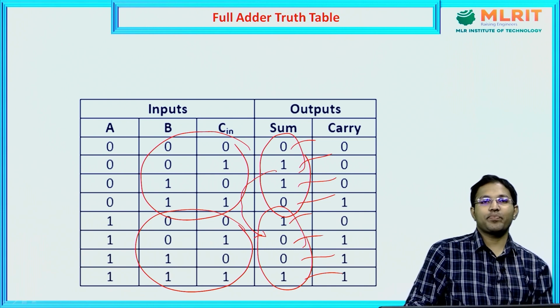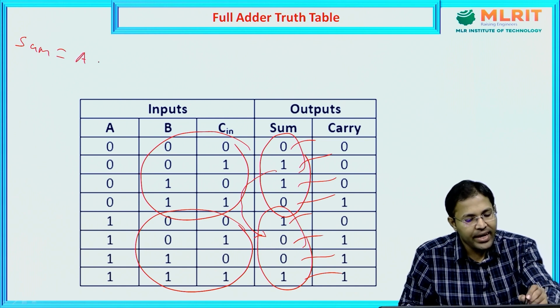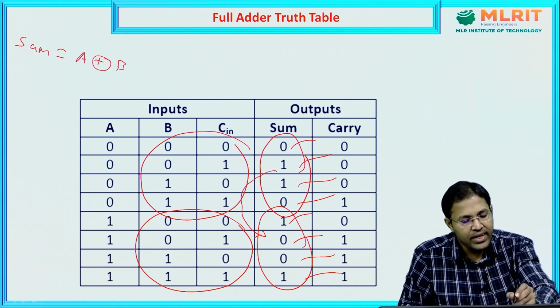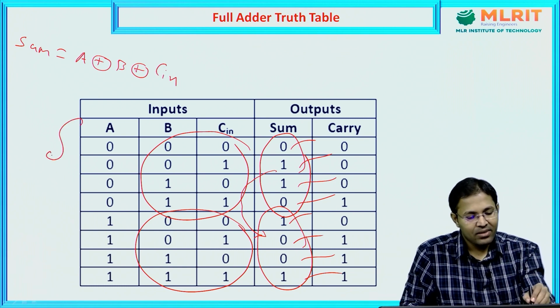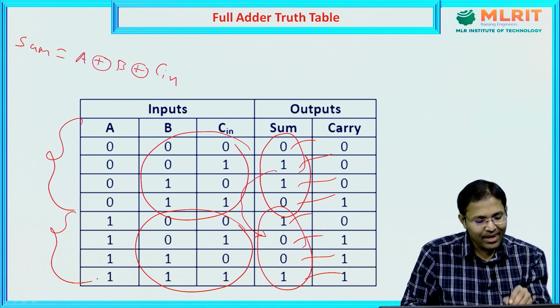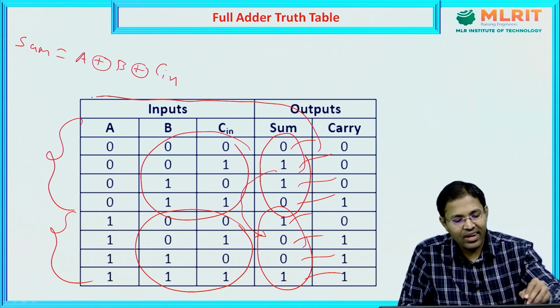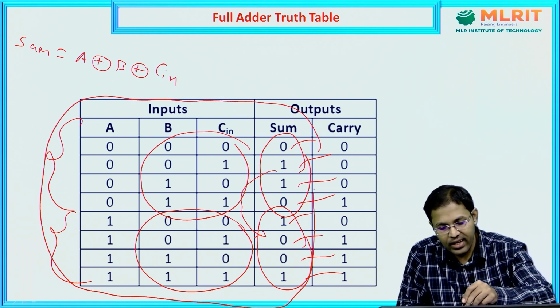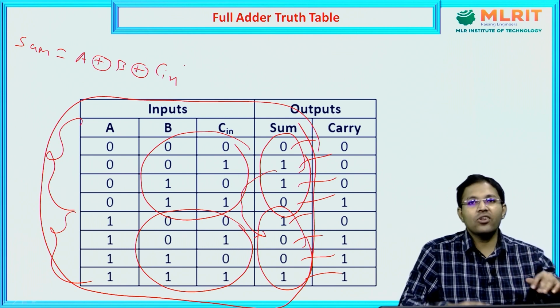Yes, we are getting it. So, we can conclude that sum is nothing but A XOR B XOR Cin. Earlier we got that indication from this table. The same was also valid for this, means we have covered this entire part of the table, first 4 columns, right, and that is all we need to consider.